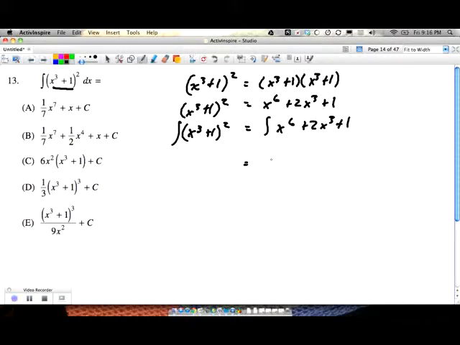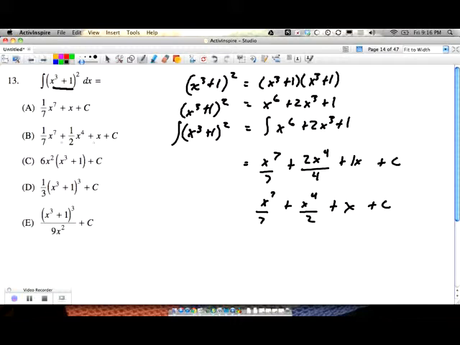Well, this antiderivative is going to be x to the 7th over 7 plus 2x to the 4th over 4 plus 1x. So that becomes x to the 7th over 7 plus x to the 4th over 2 plus x. Is that a choice? Oh, plus c, of course. I can't forget the plus c's.